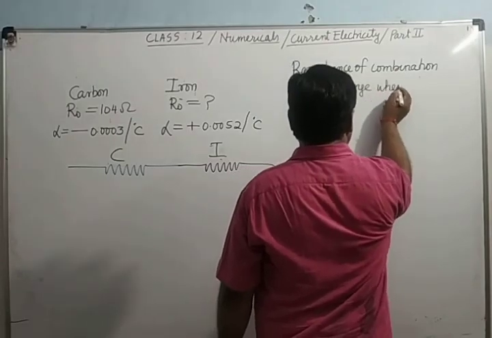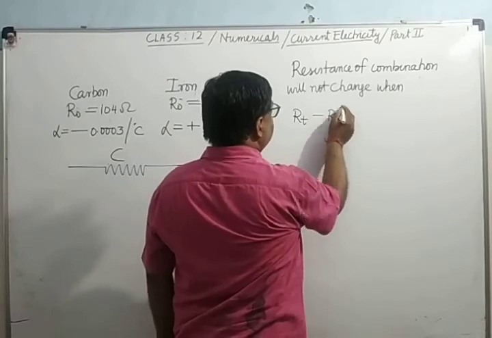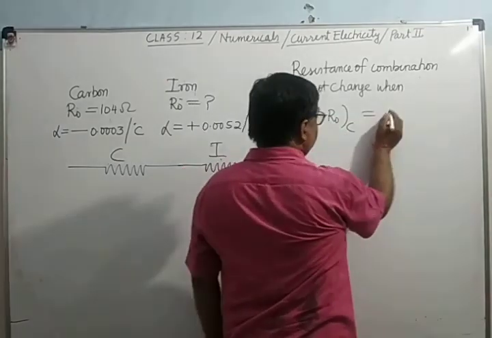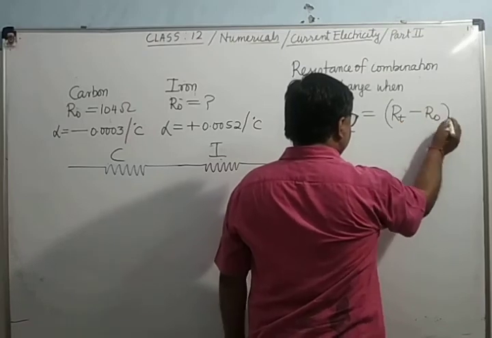when the change in resistance, that is RT minus R naught for carbon, is equal to RT minus R naught for iron.